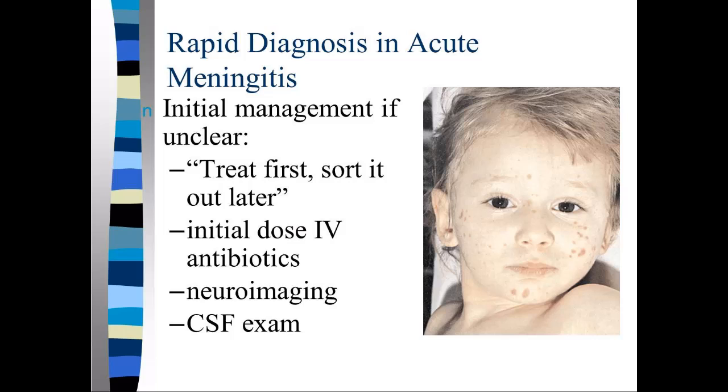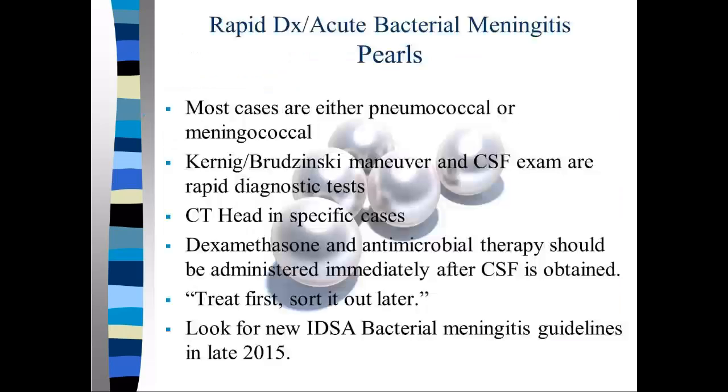So we all know that acute meningitis, the treatment pearl is treat first, sort it out later. You want to give antibiotics IV, of course, and give IV antibiotics first. Worry about your diagnosis later, because of course some of these cases can progress very rapidly.